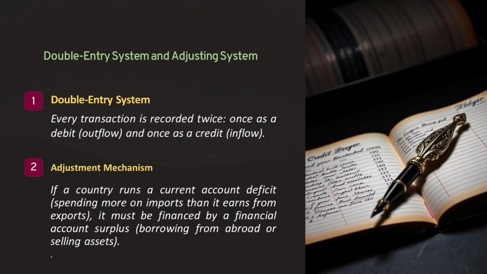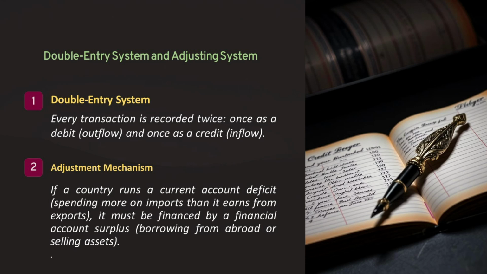Now, what is the adjustment mechanism? There is some kind of adjustment mechanism. For example, if a particular country runs a current account deficit, that means spending more on imports than it earns from exports. That means the value of imports is higher than the value of exports. What will happen if a country runs a current account deficit?